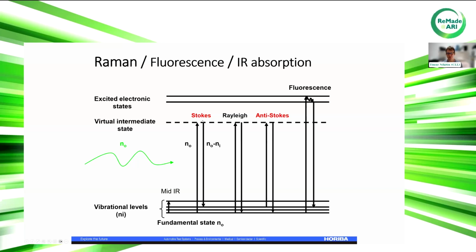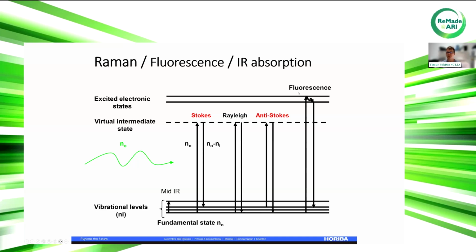Then there is an even less probable process, anti-Stokes scattering, when our system gains energy after the scattering, so the energy of the scattered light is a bit larger than the initial energy. This happens because the system returns to the ground vibrational state from the excited vibrational state, and this energy difference again corresponds to this vibrational level.